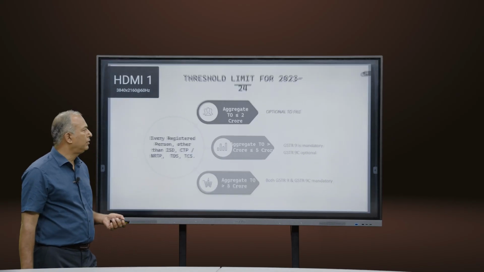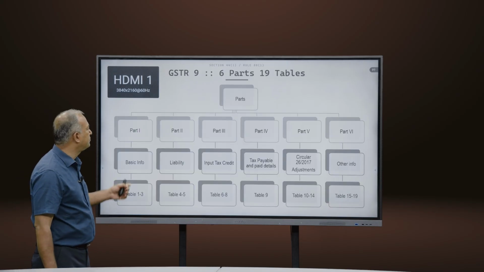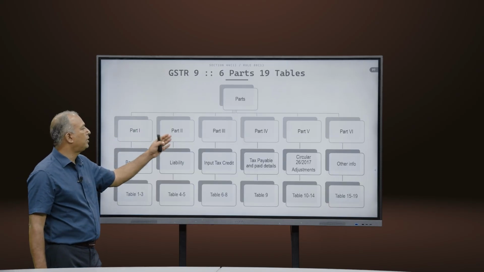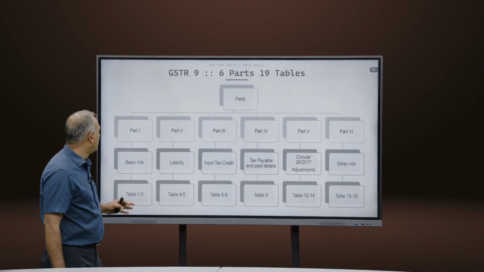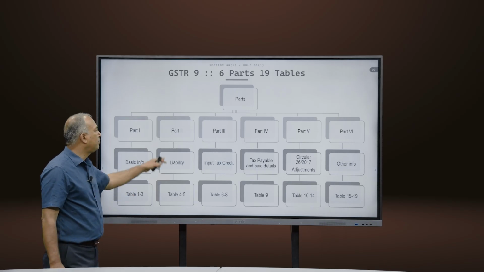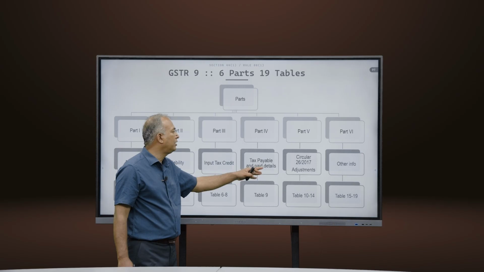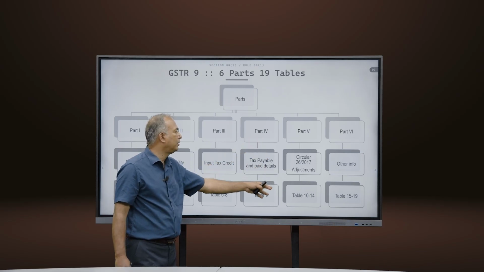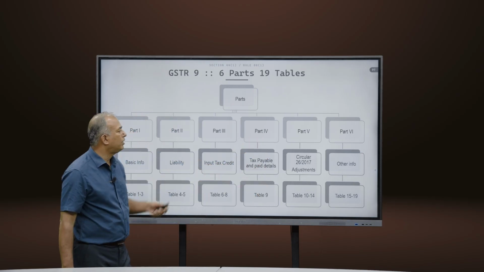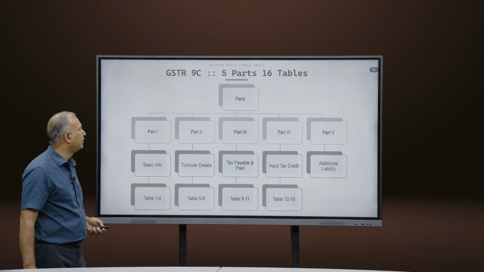So basically, this is what I was telling you: there are 6 parts, Part 1, Part 2, Part 3, Part 4, Part 5, Part 6. Basic info, liability, input tax credit, tax paid and tax payable details, and any amendments, table 14, and other info gets covered under tables 15 to 19.